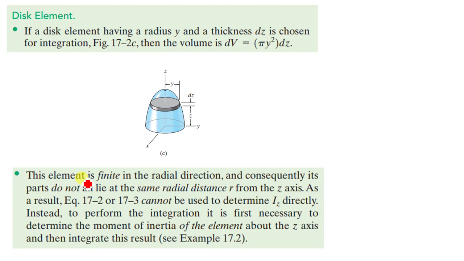Okay, so to perform the integration, it is necessary first to determine the moment of inertia of the element, meaning you first find the moment of inertia of this cylinder here that you've gotten, which is a disk, about the z-axis, and then integrate the result that you're going to have.